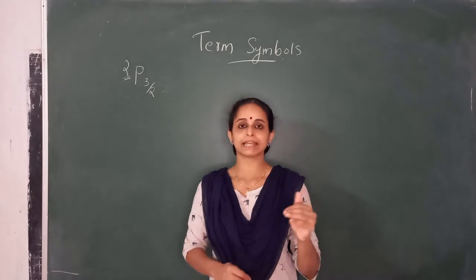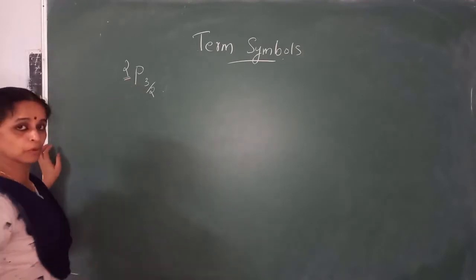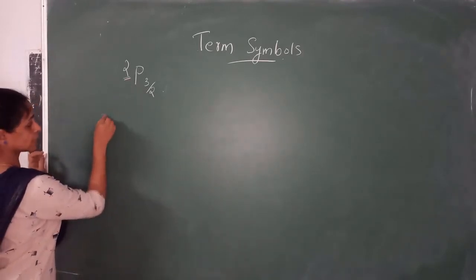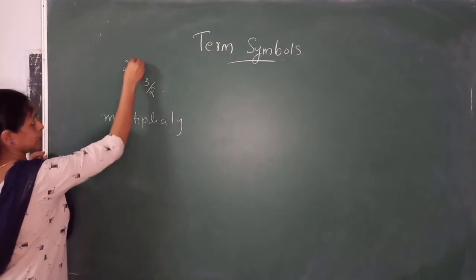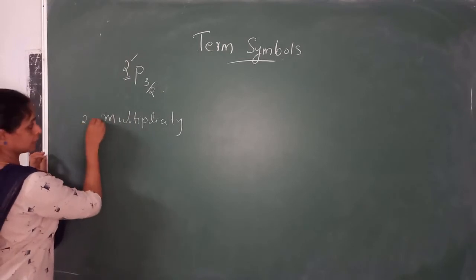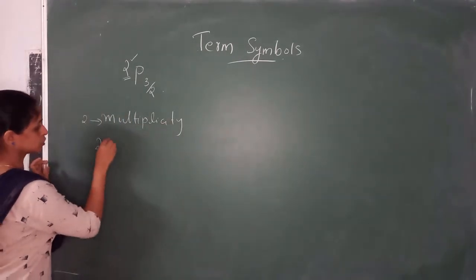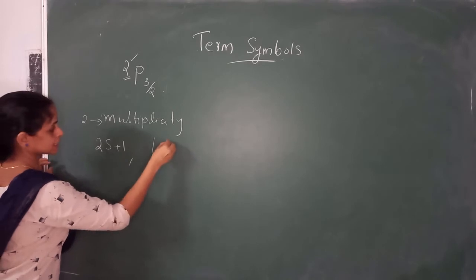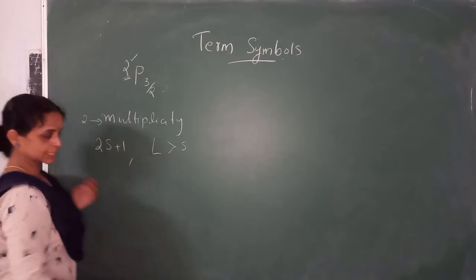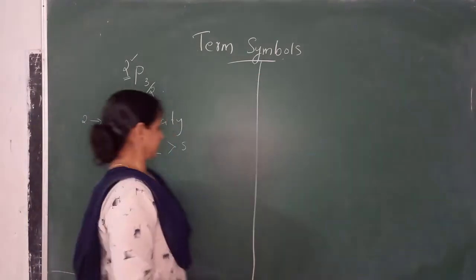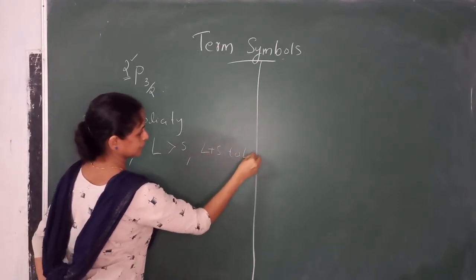So this 2 is the number of possible values for J. This is known as the multiplicity of the state. The multiplicity equals 2S plus 1 if L is greater than S, and J will take values from L plus S to L minus S.